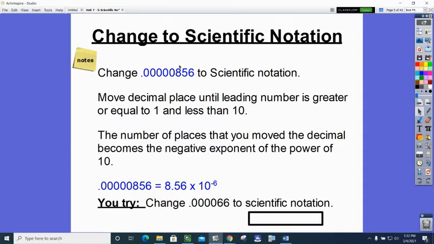So again, we're looking for those non-zero numbers. So you see the 856. We're going to put the decimal so there's one digit in front. So it would be 8.56. And now I need to say, how many places did I move this decimal to get it where I want it? Around the 0 is 1, again 2, 3, 4, 5, and around the 8 makes 6.